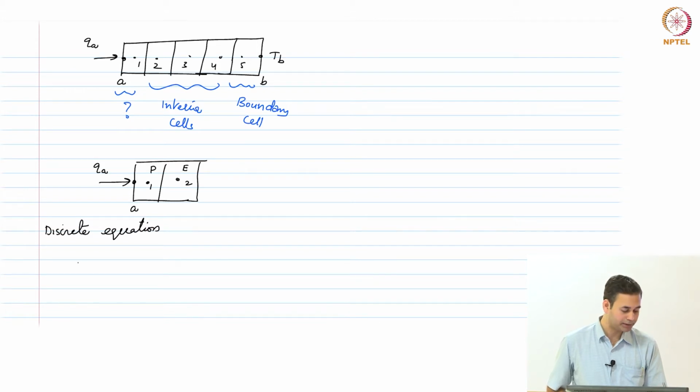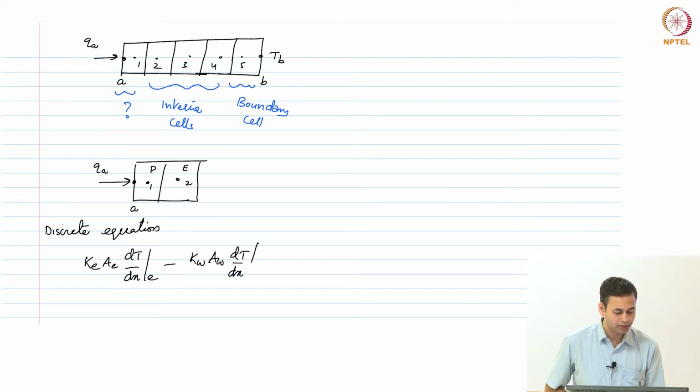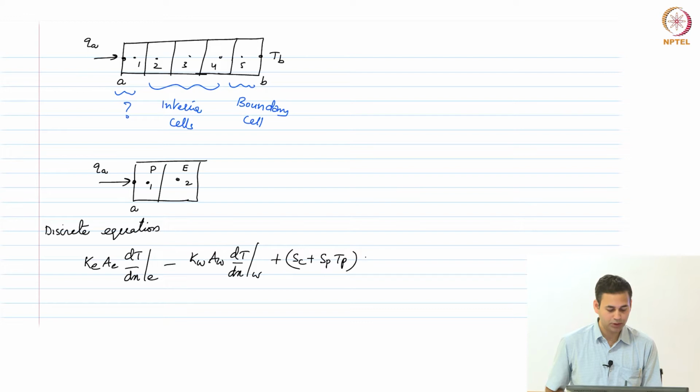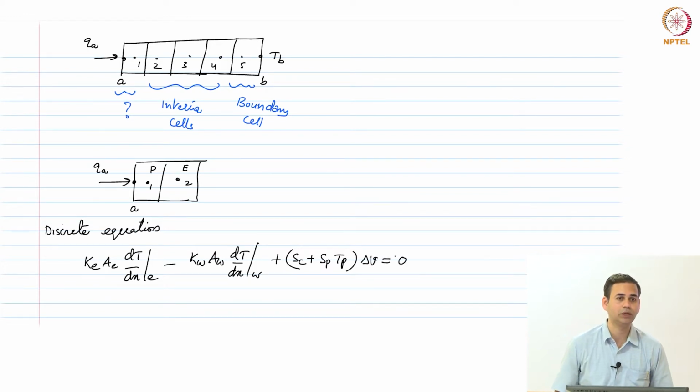That would read as K east A east dT/dx east minus K west A west dT/dx west plus (SC plus SP TP) times delta V equals 0. That is our discrete equation.